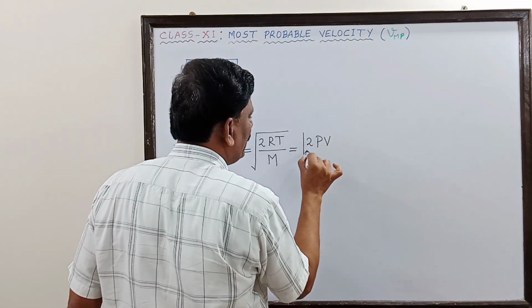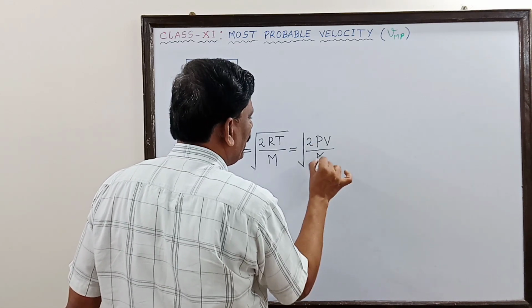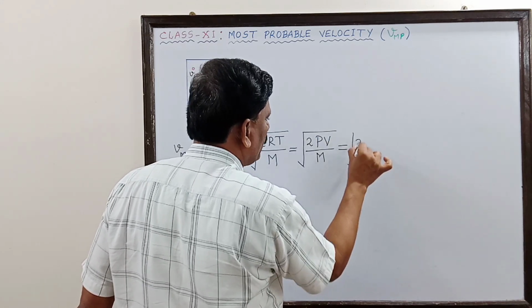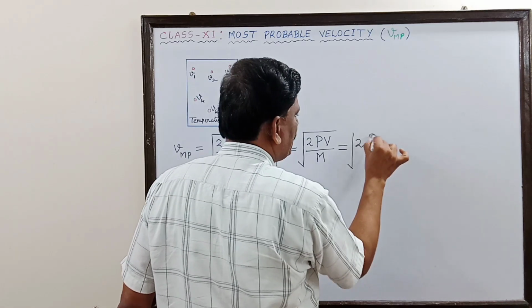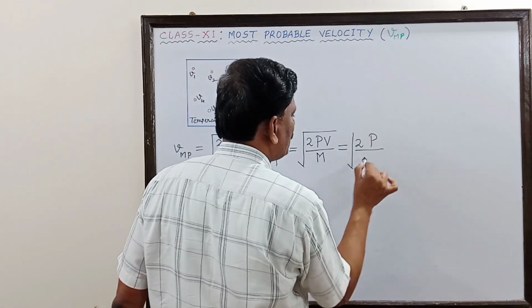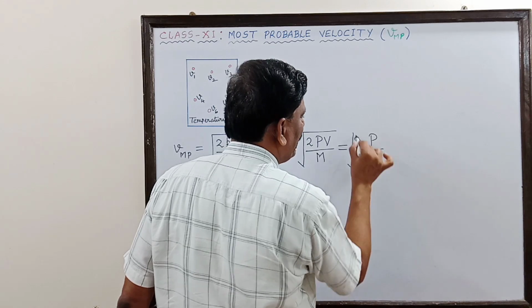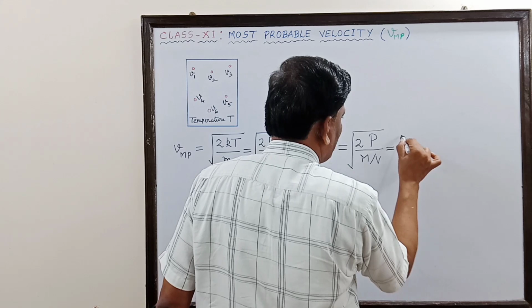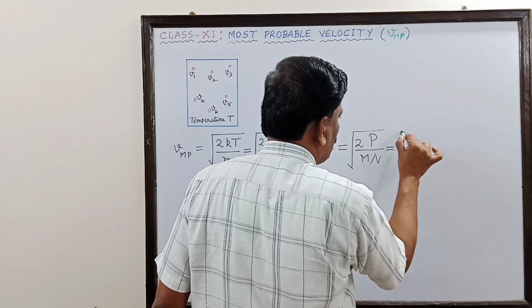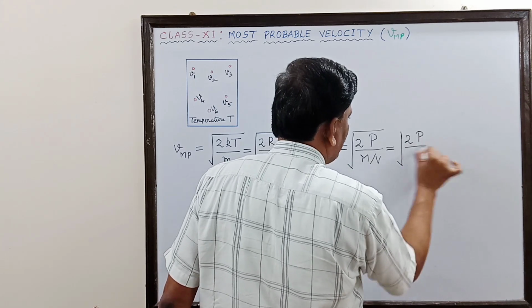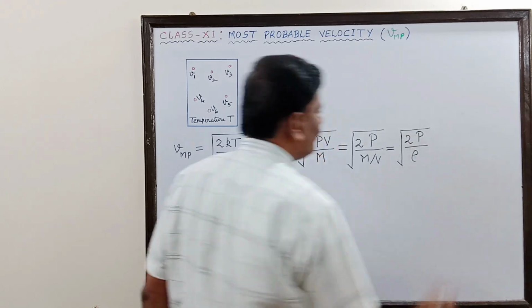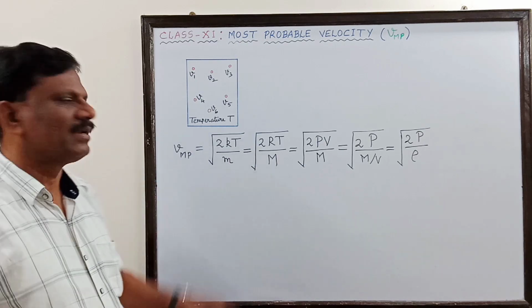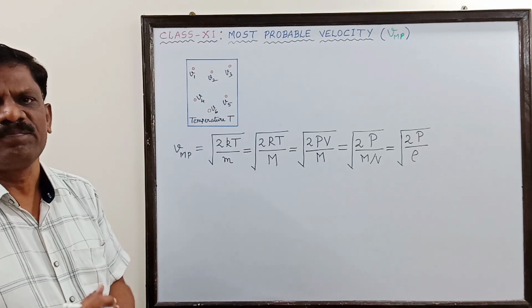So this is PV divided by capital M, and this is once again equal to square root of 2 into P is retained in the numerator and V is shifted to the denominator as M by V, so that mass by volume is equal to the density of the gas. So this is now equal to square root of 2P divided by rho, the density of the gas. So these are all the different expressions for the most probable velocity.